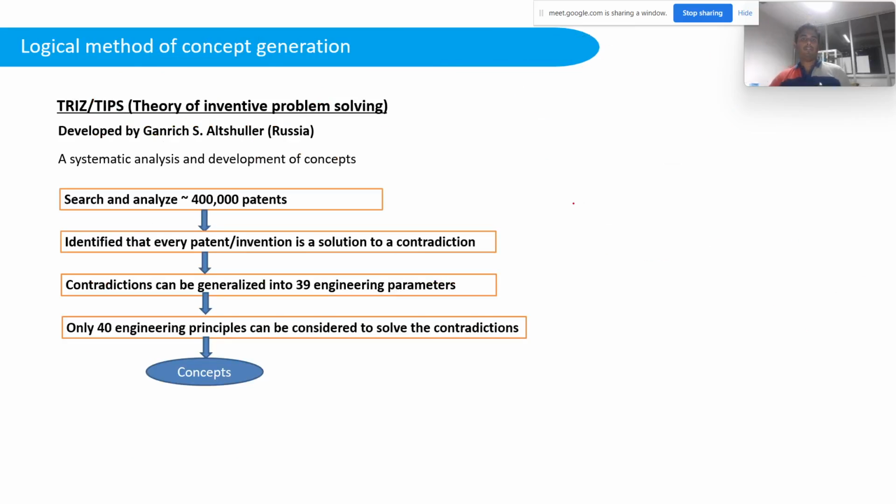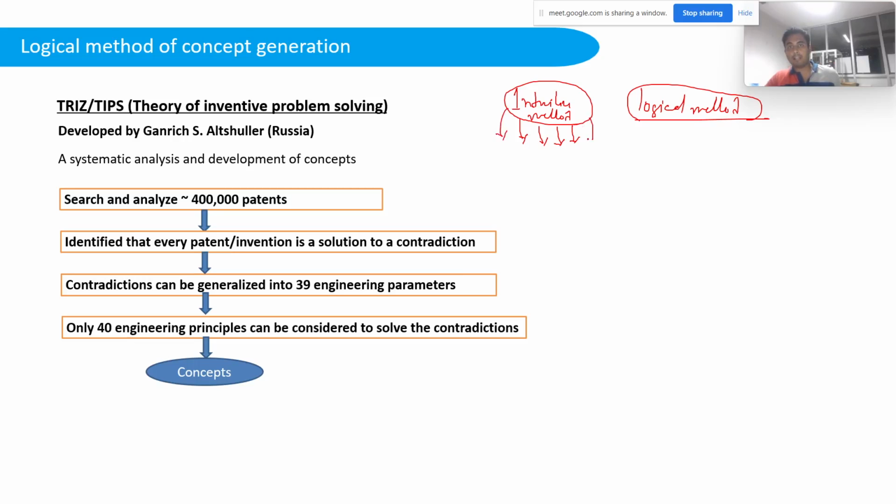Okay, so next is the logical method. So what is a logical method basically? See, what happens in an intuitive method is, first of all, there's a requirement that you gather information from a group of people who are experienced, from diverse fields.